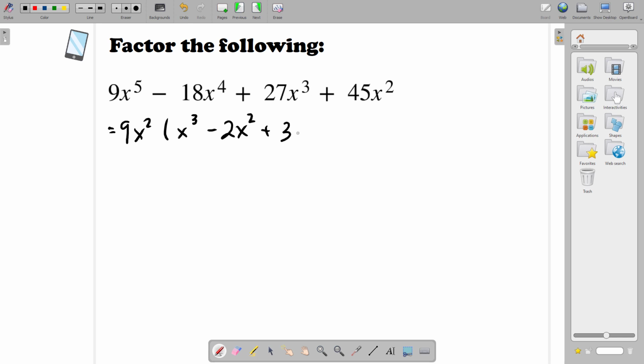We factor out an x squared, we're left with x. 9x squared times 3x is 27x to the 3rd. Plus, then we're going to divide out 9 from 45. We get 5. And we divide out the x squares. And so 9x squared times 5 is 45x squared.